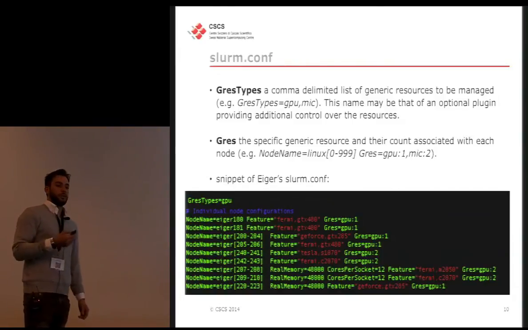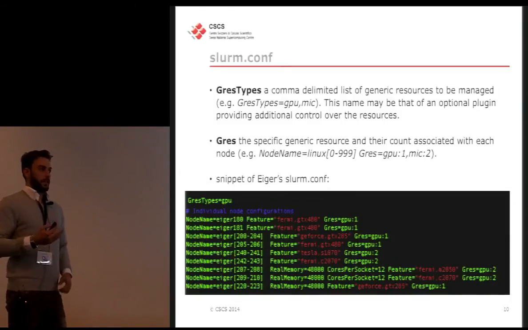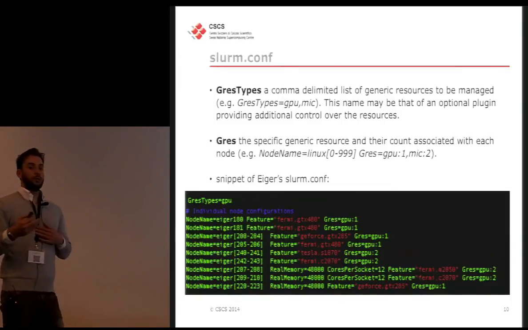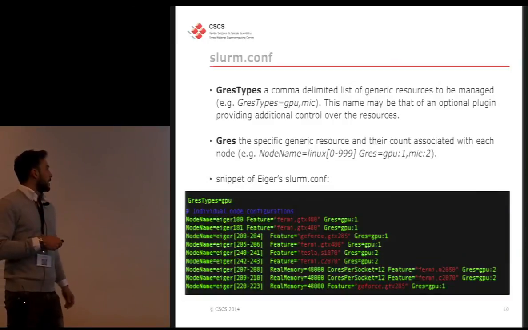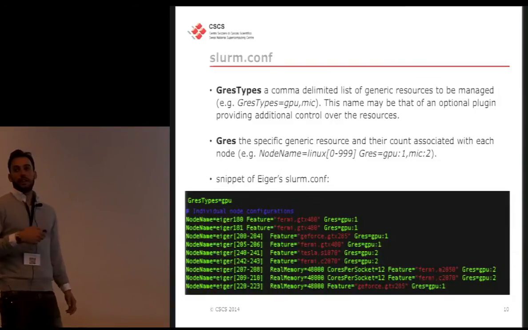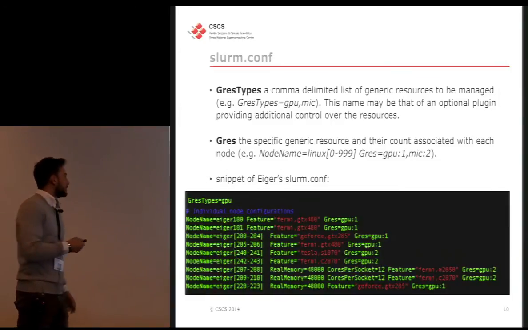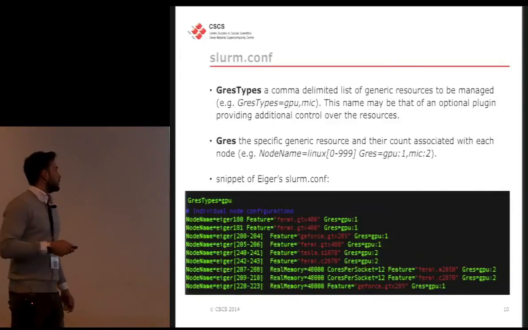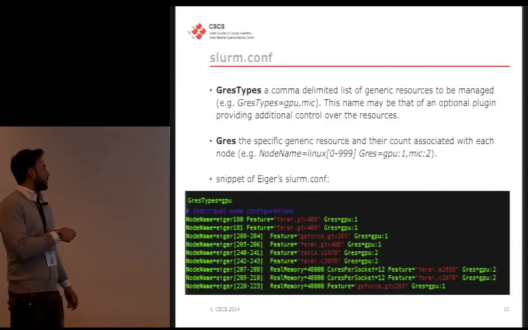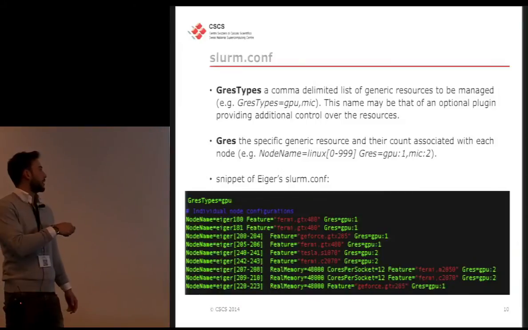If you want to give the user an easy way to allocate the nodes, then you can label the node with this parameter, which is a feature. So you can give a more human readability to this node. I will show you later how you can use this label to call exactly these nodes.